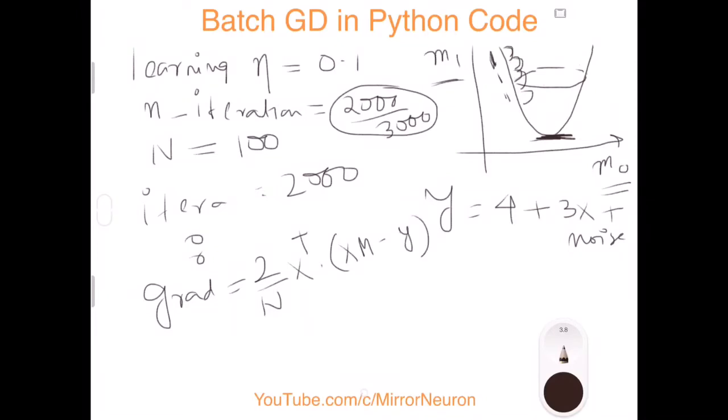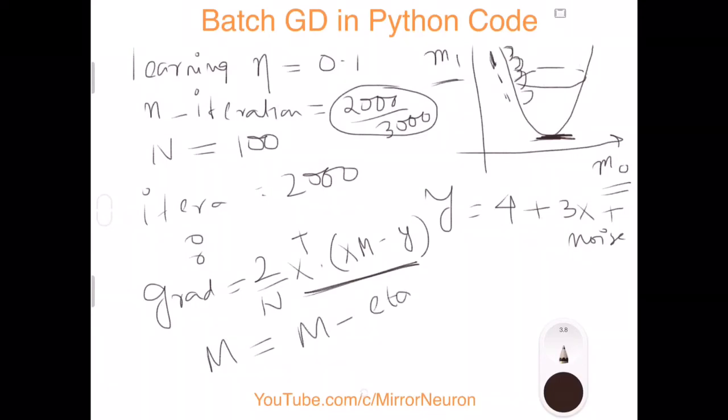But keep this in mind, this X has to have a column with all the ones. We have to do that processing as well, but we can do it directly here. And then once we have the gradient, we will update our coefficients like this: m equals m minus learning rate times gradient, and we have seen that so many times in our theoretical classes as well.